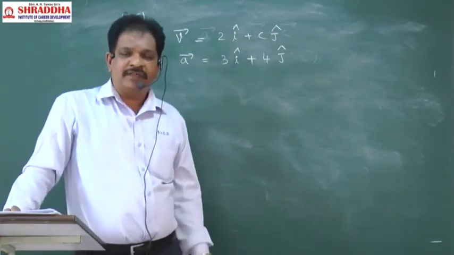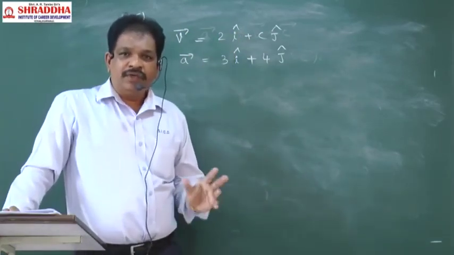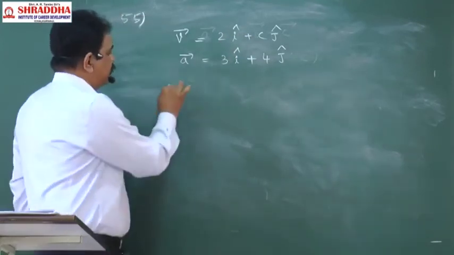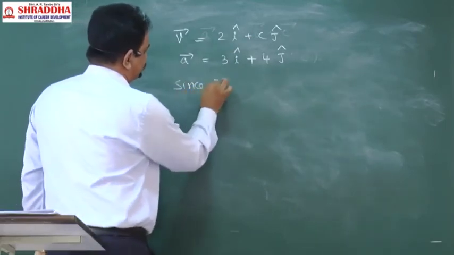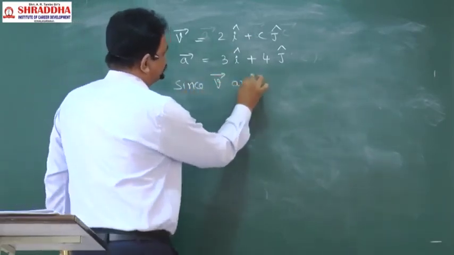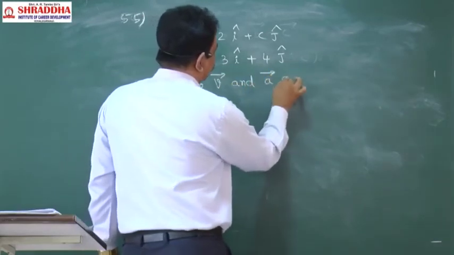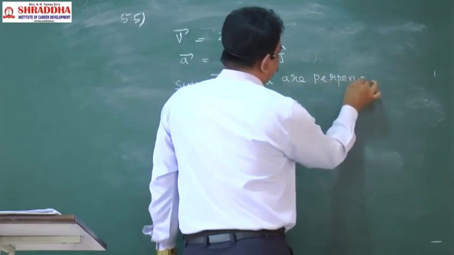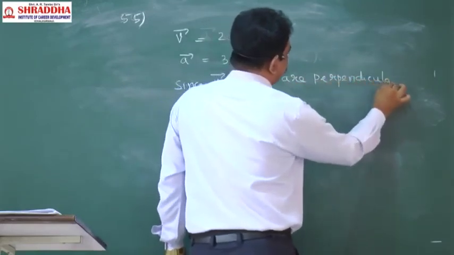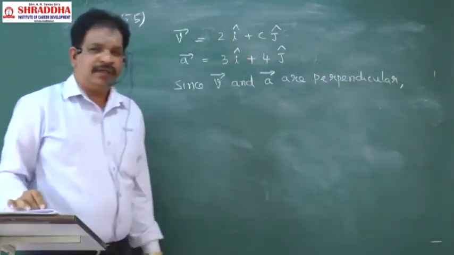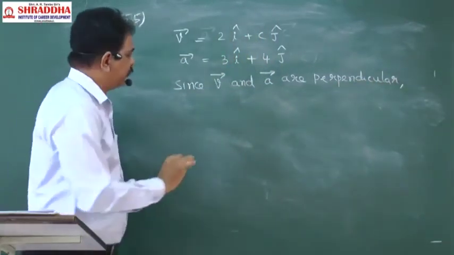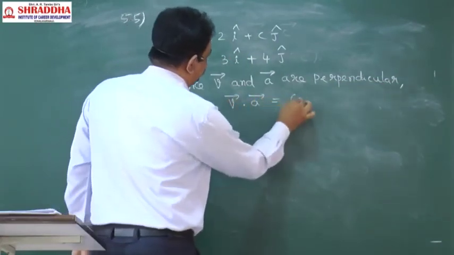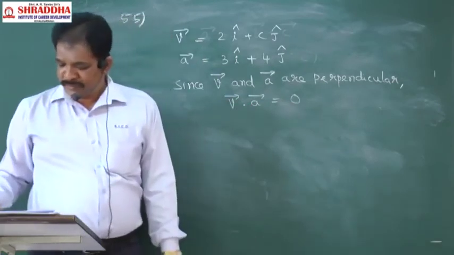When two vectors are perpendicular, we know their dot product value is equal to 0. Since V bar and A bar are perpendicular, V bar dot A bar is equal to 0.